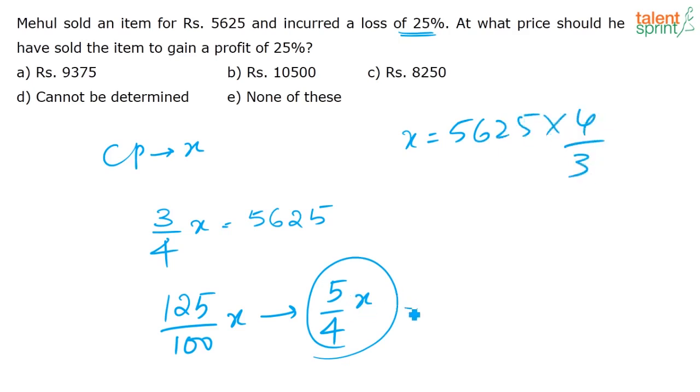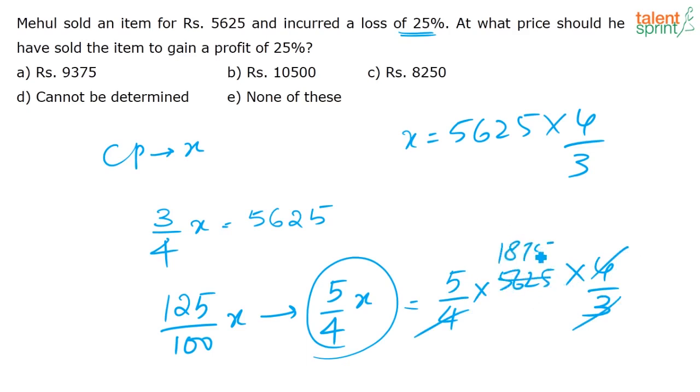So I just put X here. What should be the selling price so that he gets that profit? It is nothing but 5 by 4 into 5625 into 4 by 3. The 4 gets cancelled. 5625 divided by 3 will be 1875. So you multiply that, and the answer you get will be 9375.